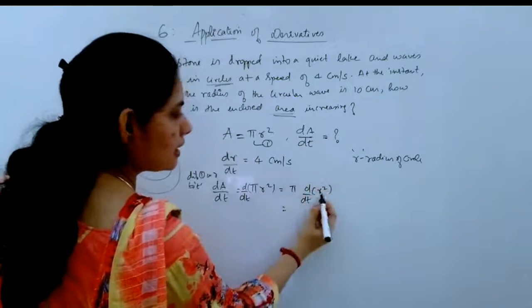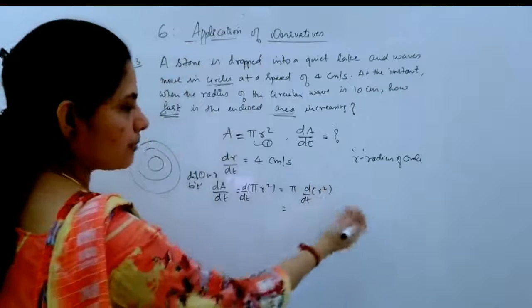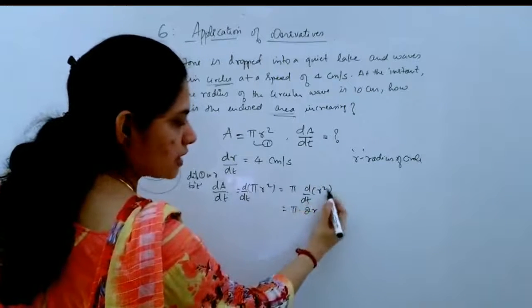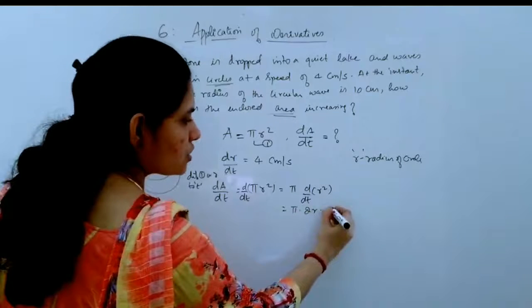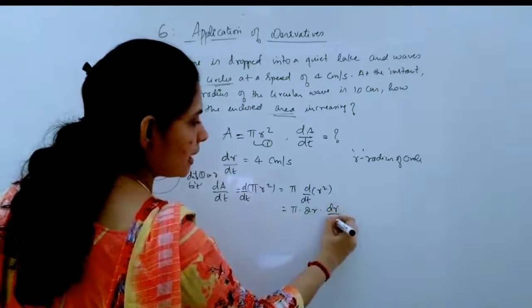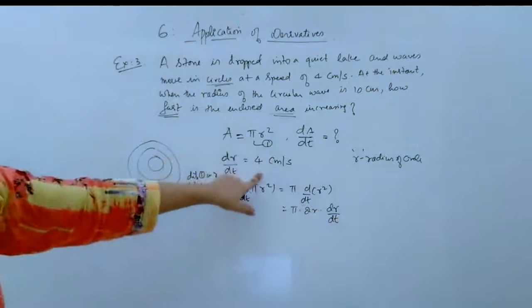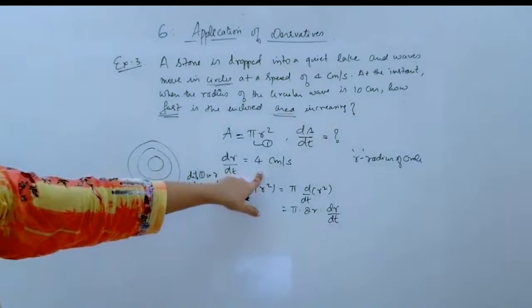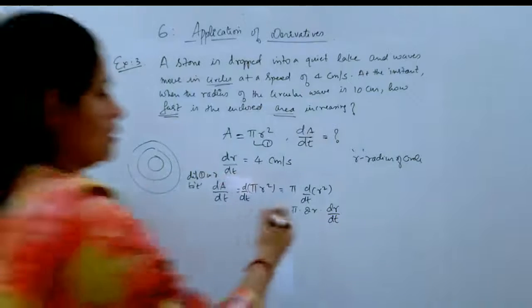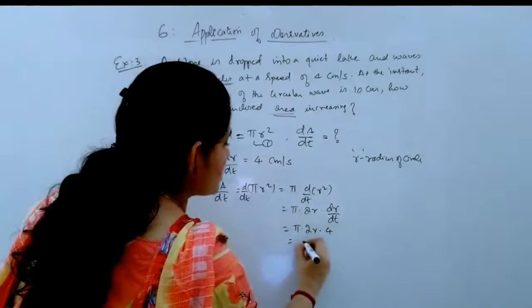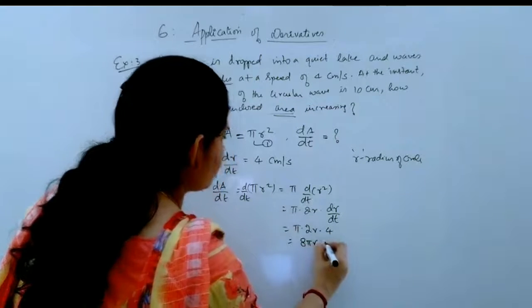So you can see that it will not give you only 2r but dr by dt also. So pi into 2r, which is the derivative of r square, into chain rule, it is dr by dt. Okay, dr by dt is given in the question, so that you can use the value. You will get pi into 2r into 4, which is 8 pi r.